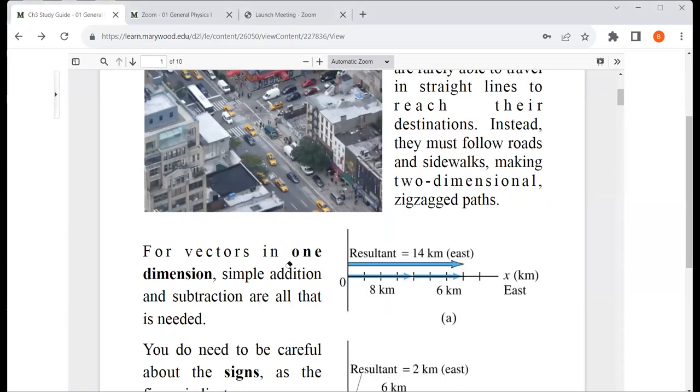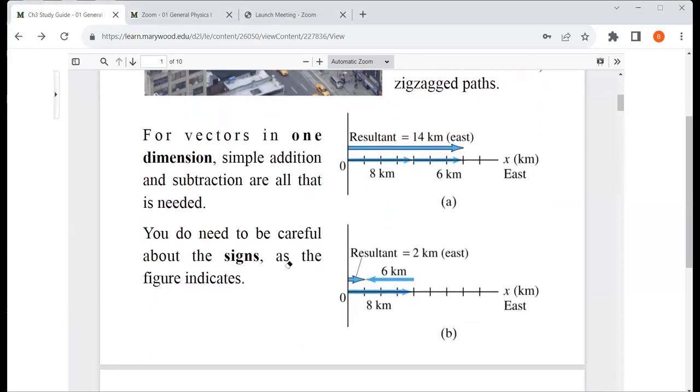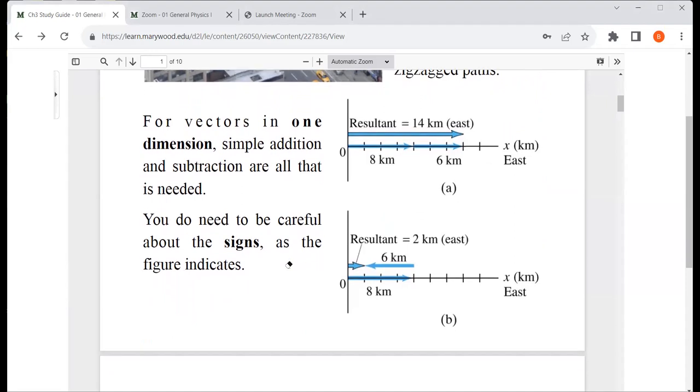So before we learn how to add vectors in 2 dimension, let's briefly review how we can add 2 vectors in 1 dimension. Okay, let's talk about the displacement, right? So displacement is a vector, and if you remember, displacement is the change in position, right?